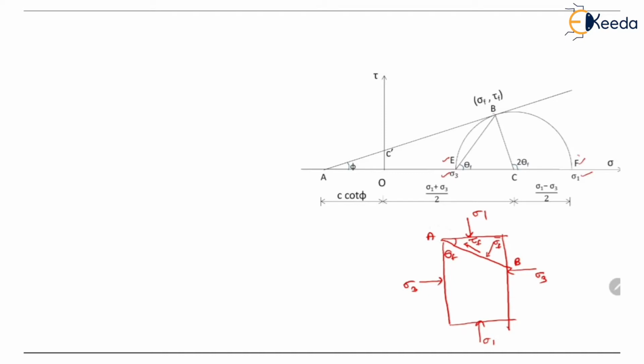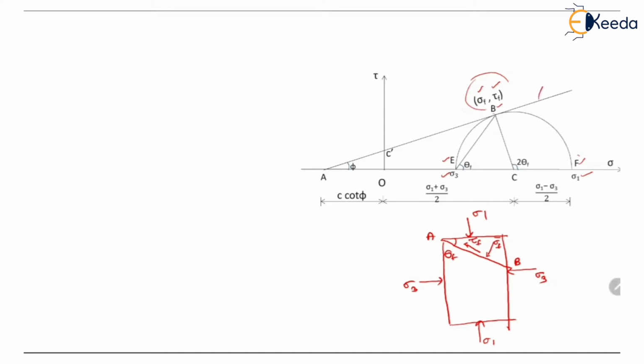So in the soil element also, the surface AB is inclined at an angle theta f with the major principal plane. The stresses represented by point B are normal stress sigma f and shear stress tau f. So these are the stresses acting on this failure plane AB.